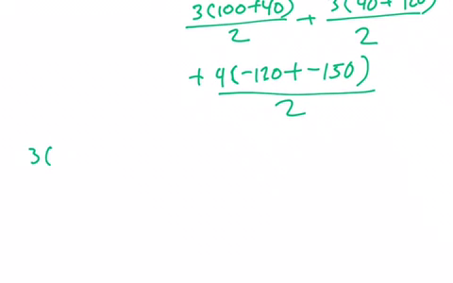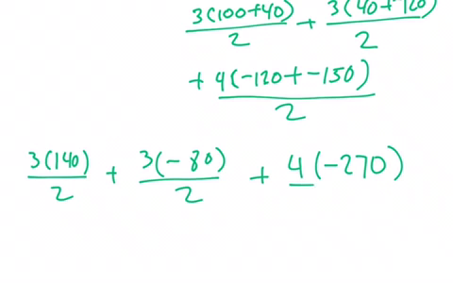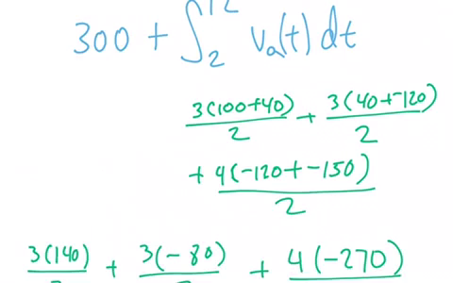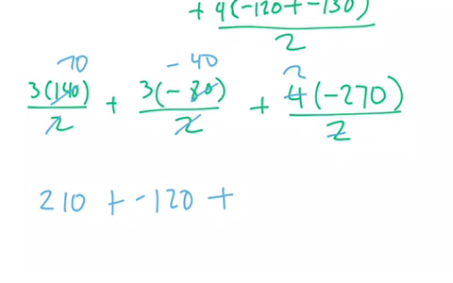It's 3 times 140 over 2, plus 3 times negative 80 over 2, plus 4 times negative 270 over 2. And then at the end we have to add the 300. Let's clean this up. This becomes 210, this becomes negative 120, and this becomes negative 540.